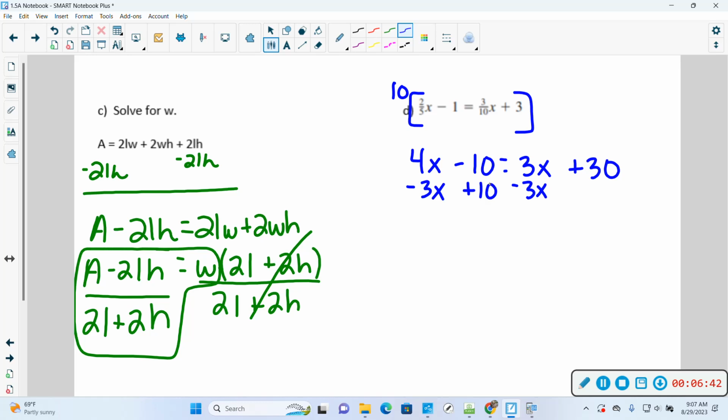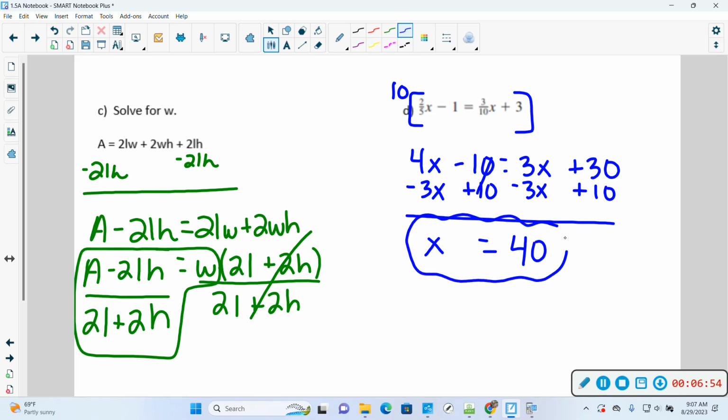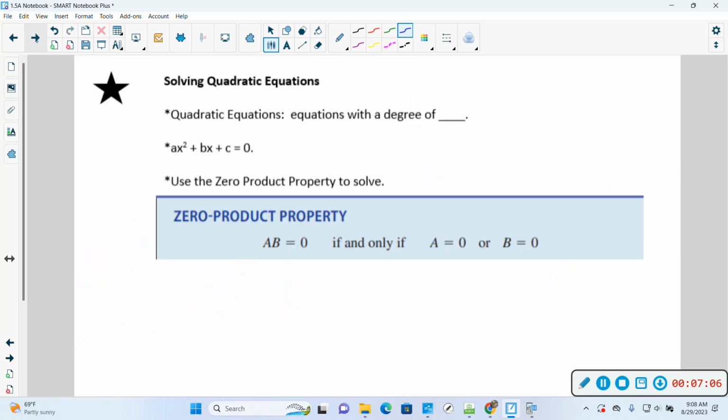Let's add 10 while we're at it. So I've got x equals 40. You will get the same thing if you left the fractions in there. It's totally up to you how you want to play it. I know some of you hate fractions. Okay, that is as exciting as it gets for the linear equation. So just plain, boring, basic, standard ones, couple crazy variables, and you play the fractions how you want.